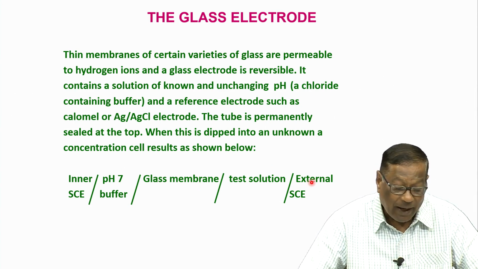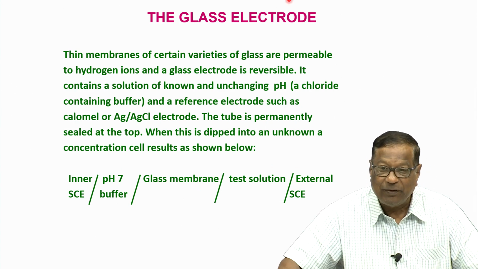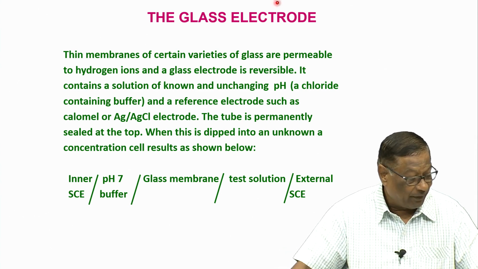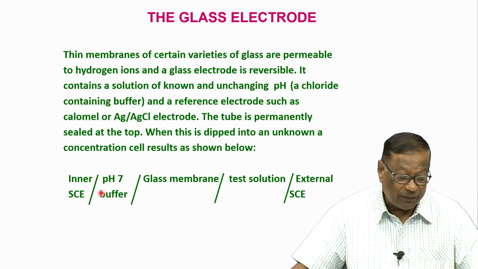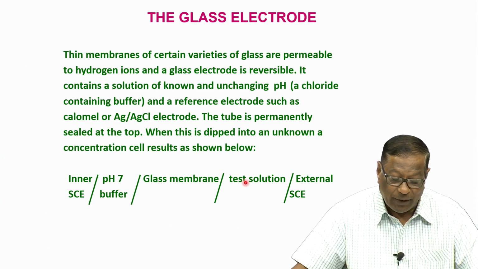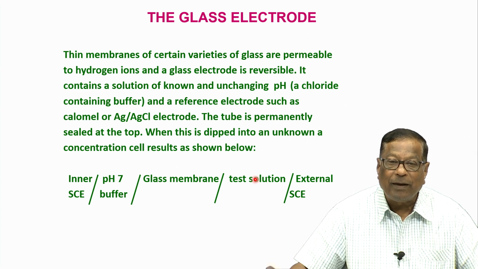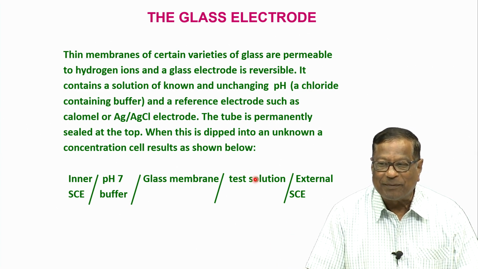So, I can define a pH system like this. So, by similar analogy, I should be able to find out what is the concentration of hydrogen ions in the test solution. That is how we make our pH meters.